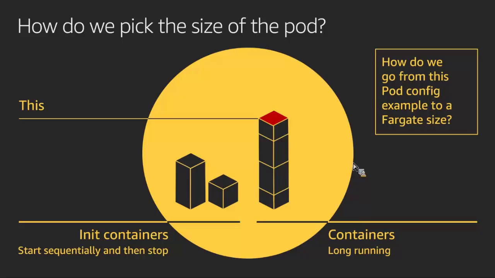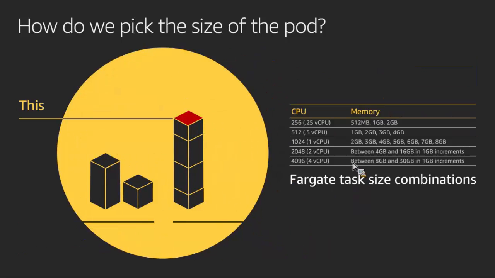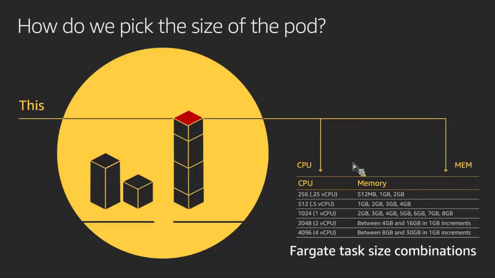So how do we get to an actual pod sizing? We take that number. Remember, that number is two dimensions, CPU and memory. So we do everything that we have just said twice, once for CPU and once for memory. And then we go through the Fargate task size combinations that we show publicly in our documentation, so that we can pick the right size for that pod.